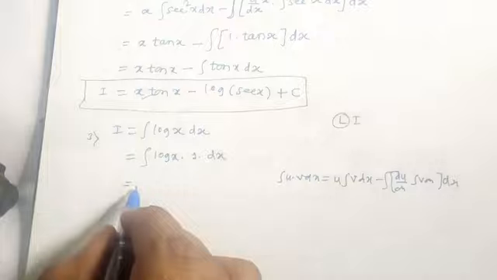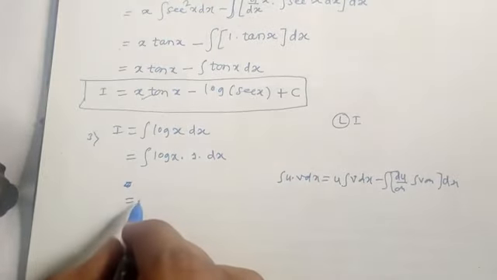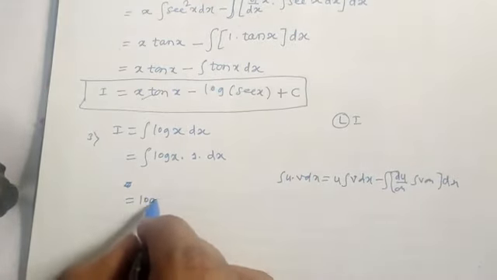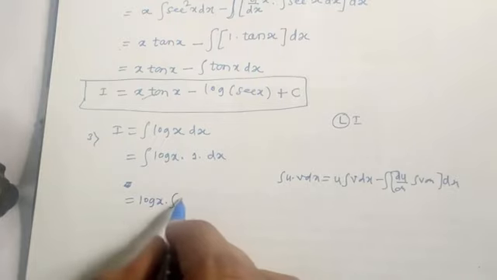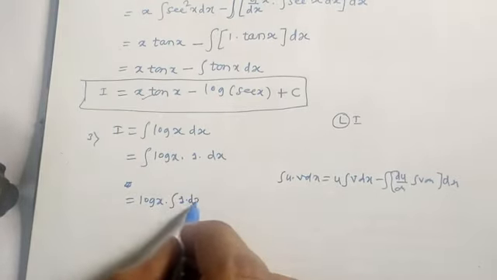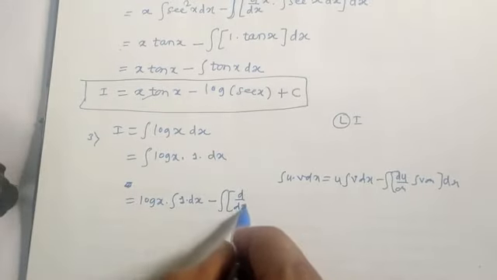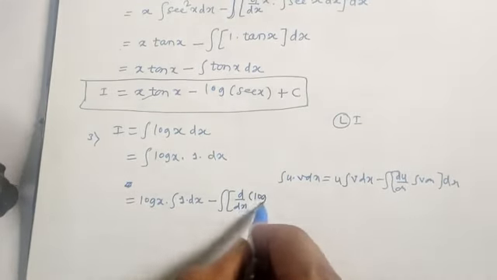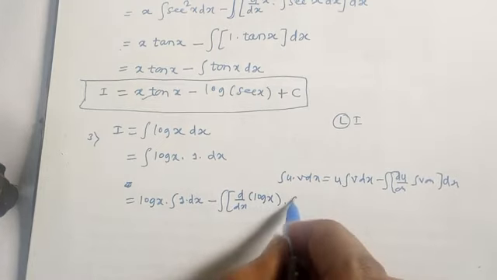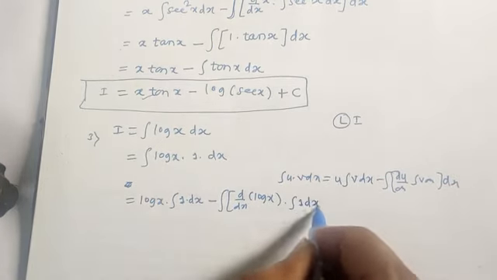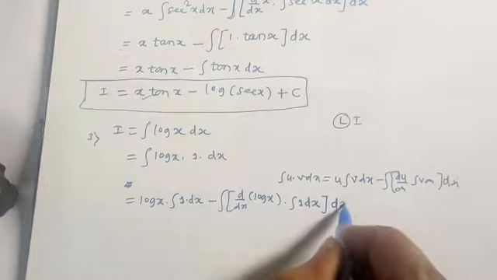So our integration is equal to the first term, log x, into the integration of the second term, the integration of 1 dx, minus the integration of the derivative of the first term, log x, into the integration of the second term, 1 dx, and the whole dx.